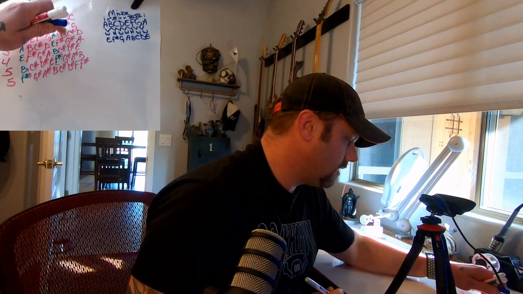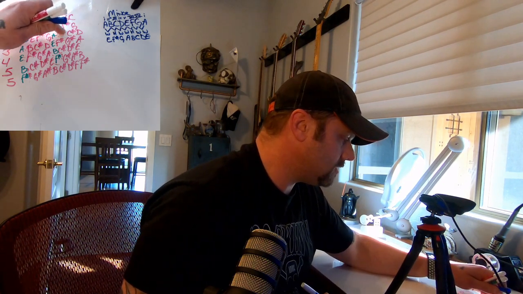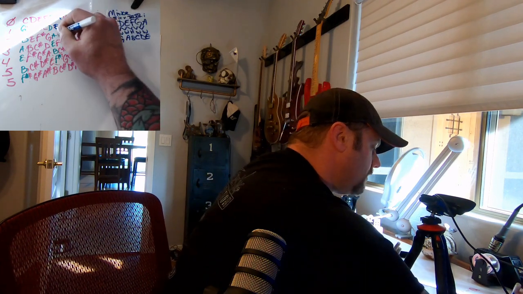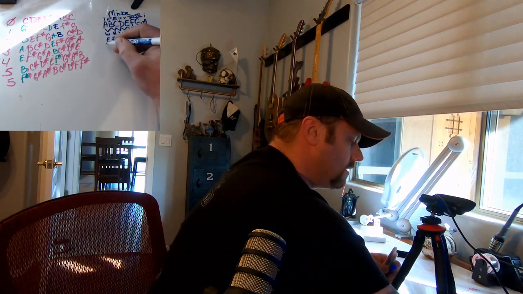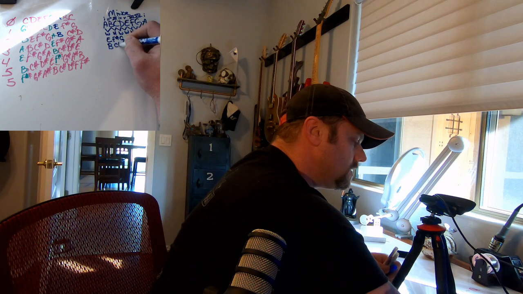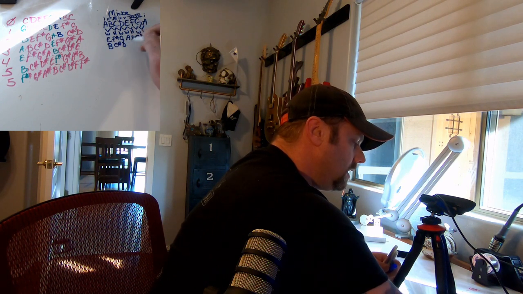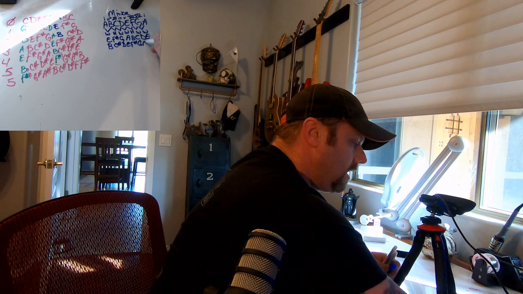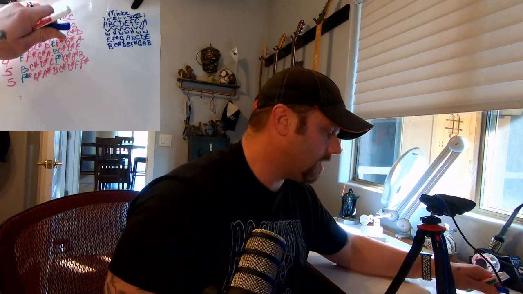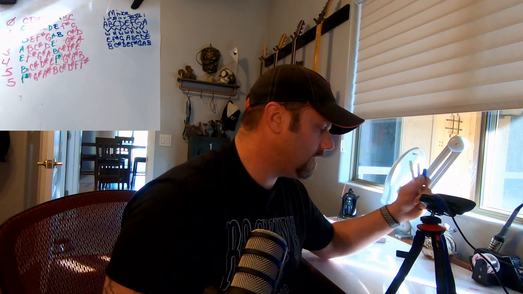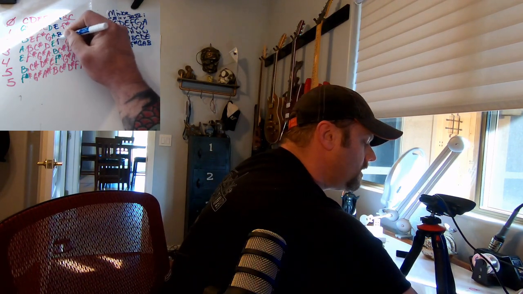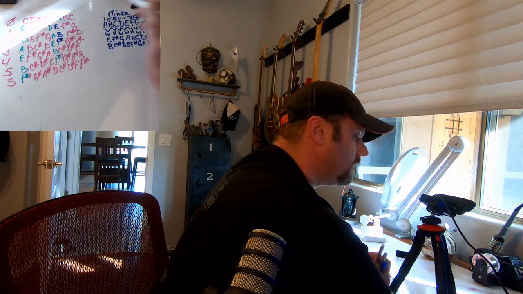And with D, our sixth is B, so that would be a B minor. So B, C sharp, D, E, F sharp, G, A, and B. You see where I'm going with this, right? So our next one is A. In the key of A, our relative minor is F sharp minor.